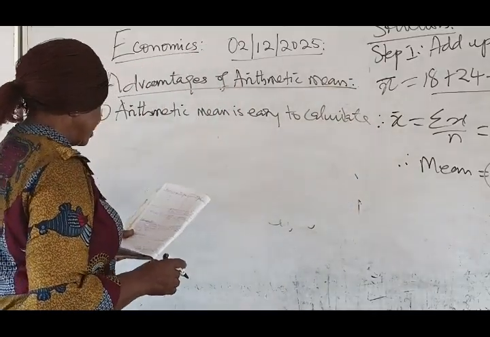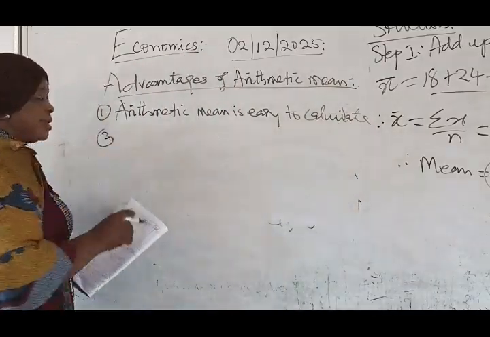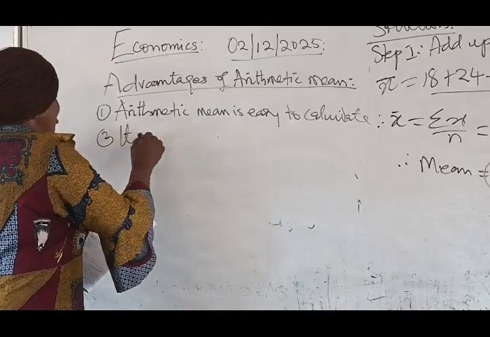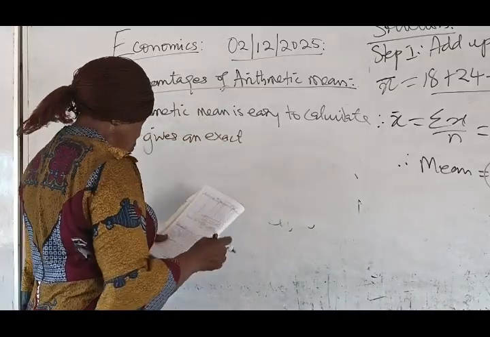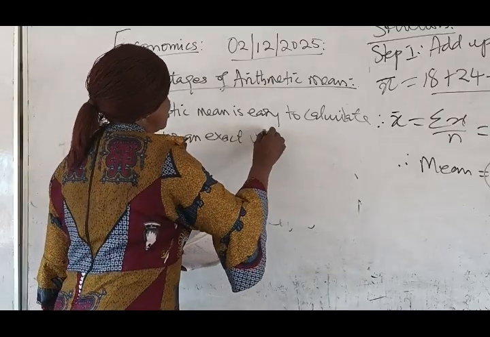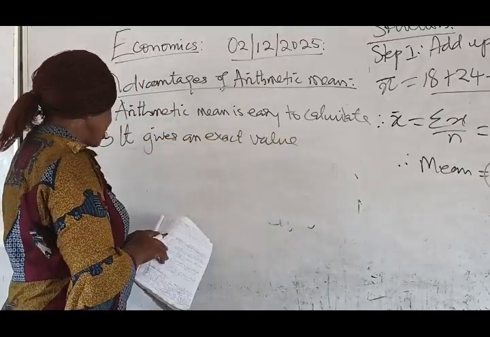The second one is that arithmetic mean gives an exact value.